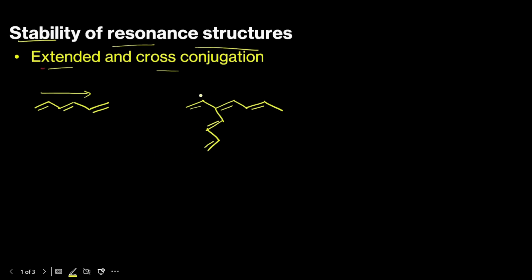Here the conjugation is possible in this way, also in this way and also in this way. This is cross conjugation. Extended conjugation is more stable than cross conjugation.